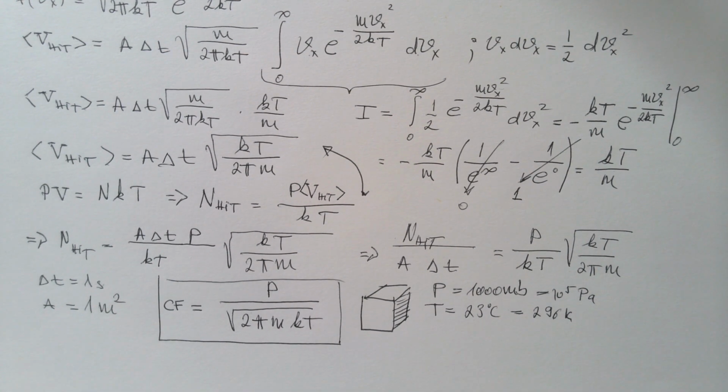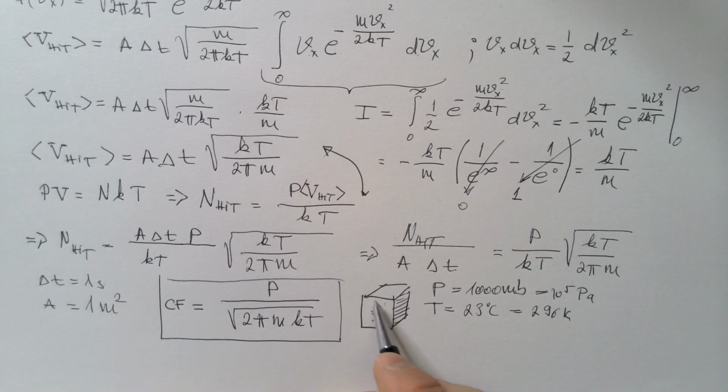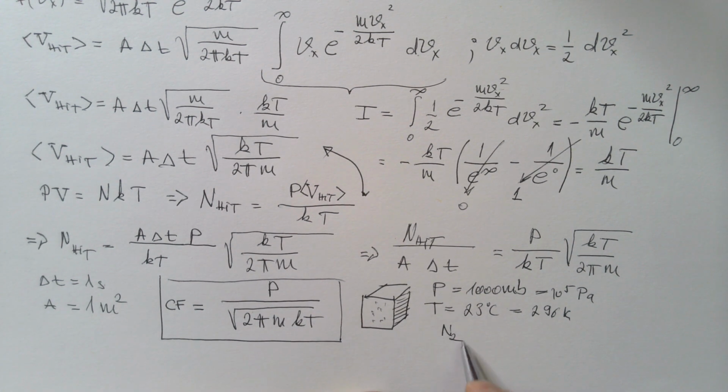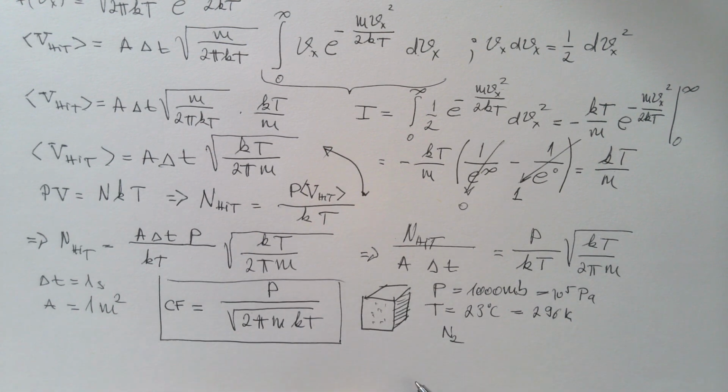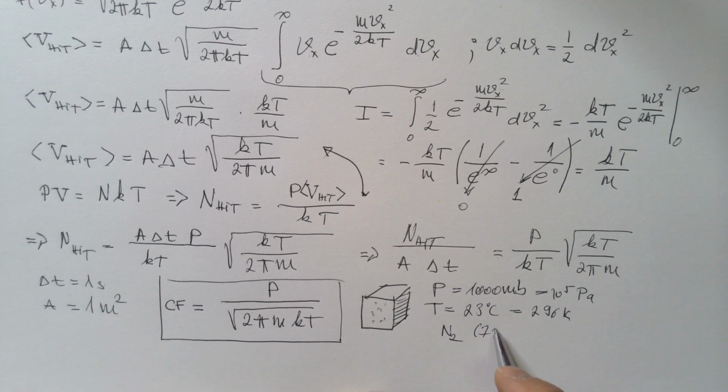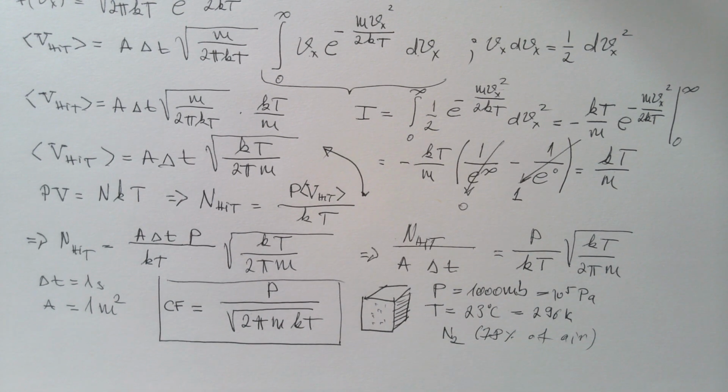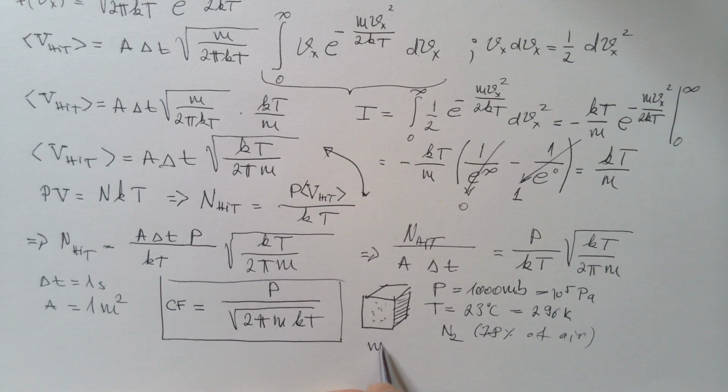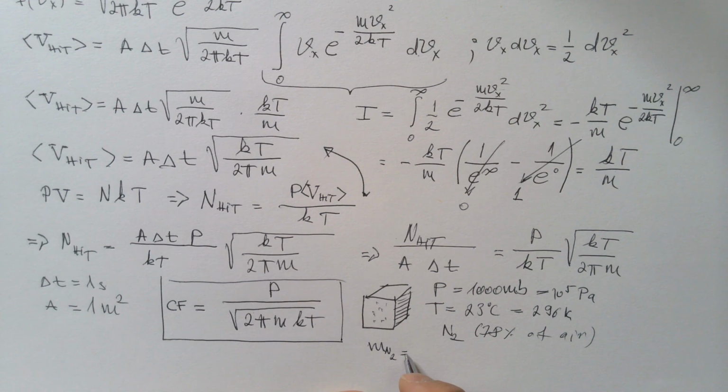And we are interested in, let's say, nitrogen atoms hitting the wall of your room. Nitrogen is 78% of air. And I found on the internet that the mass, because we need mass, of a nitrogen atom is approximately 4.65 times 10 to the power negative 26 kilograms.